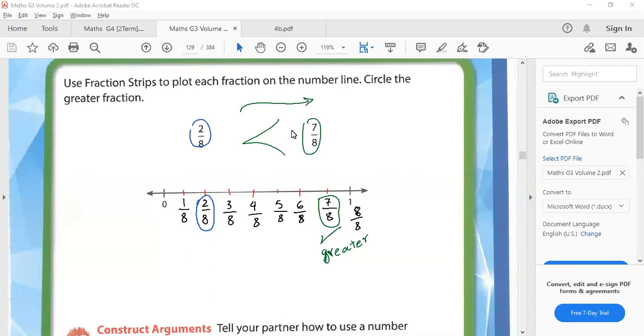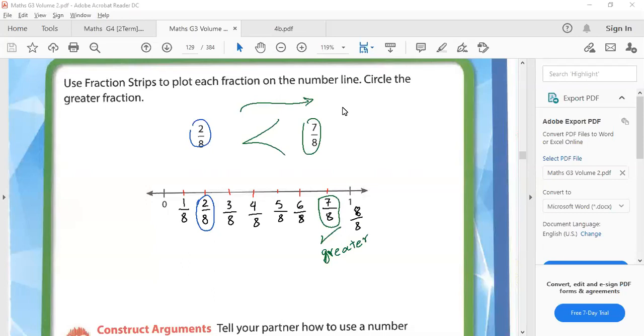Okay, we used the number line also. This is an example, and we have 3 over 4 now and 1 over 4. We can divide the distance between 0 and 1.